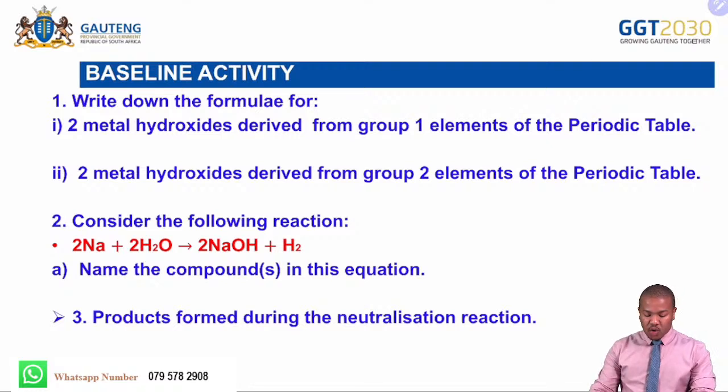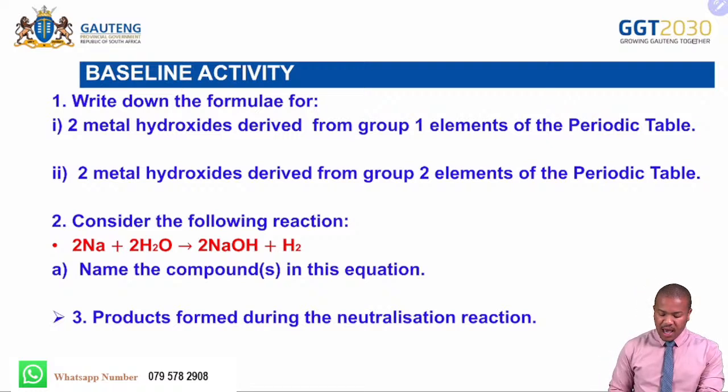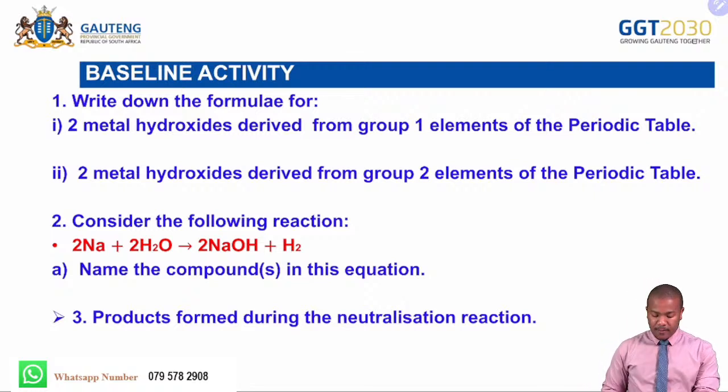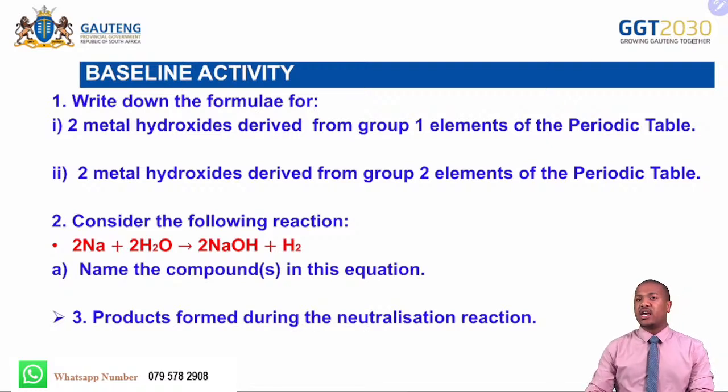Na plus H2O forming NaOH plus H2, right? It is a balanced equation of it, right? 2 sodiums plus 2 water molecules forming 2 sodium hydroxides plus 2 hydrogen molecules, right? Name the compounds in this equation. Then 3, name the products formed during the neutralization reaction. For 5 minutes. We'll meet again after 5 minutes.